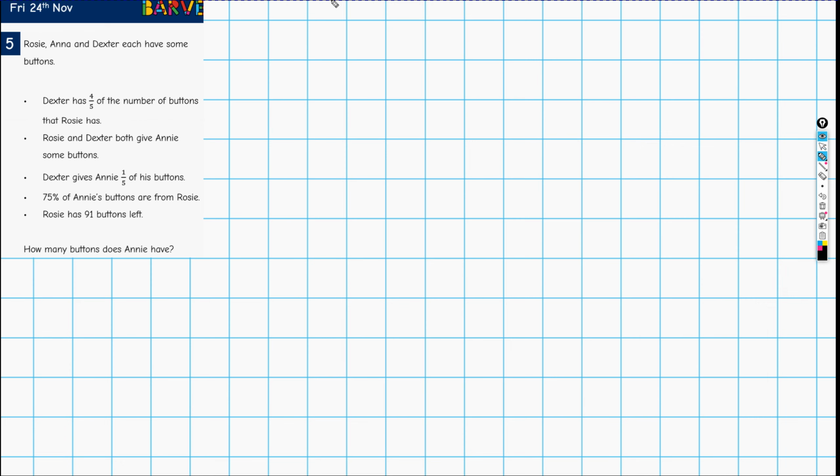Okay, so we're going to draw a bar for Rosie, Anna, and Dexter. I think I'm going to start with Dexter and Rosie because that's the information we can draw first. I'm going to start by drawing Rosie's bar because we're told that what she has is split into fifths, 5 equal parts.